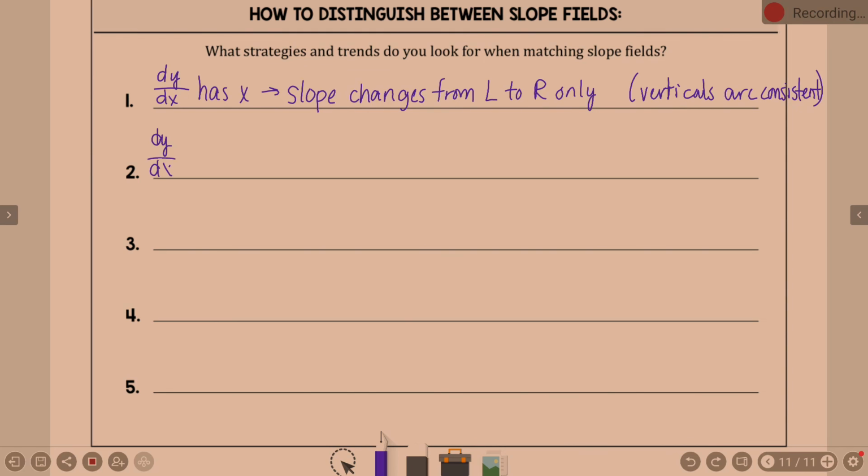If dy/dx has y only, so now what's going to happen? Slopes are going to change up and down only. And if slopes change up and down only, that means your horizontals are consistent.